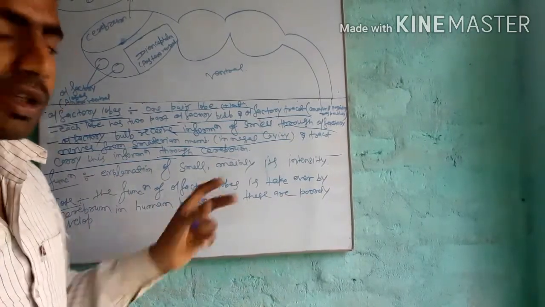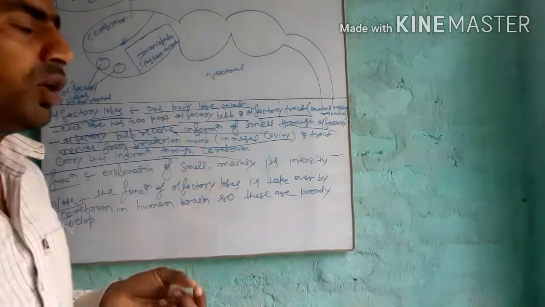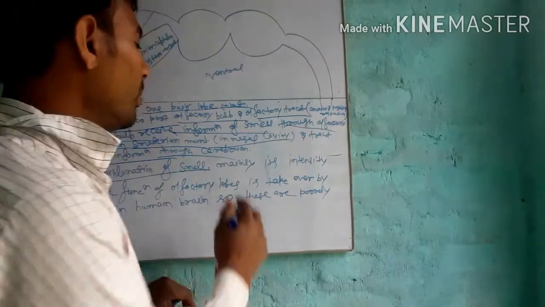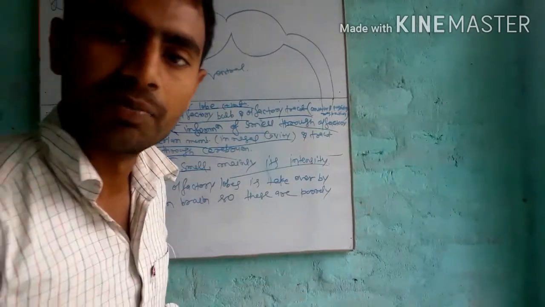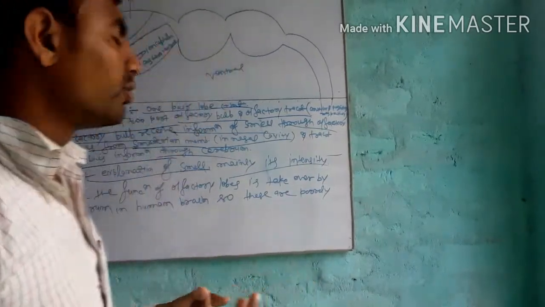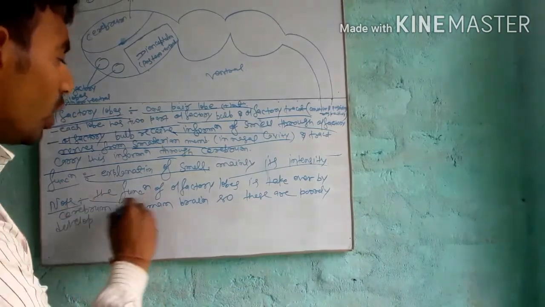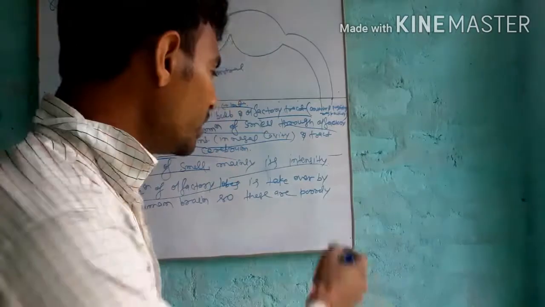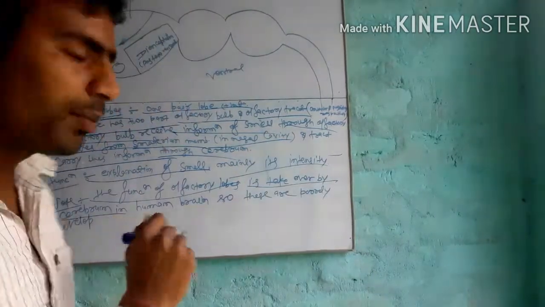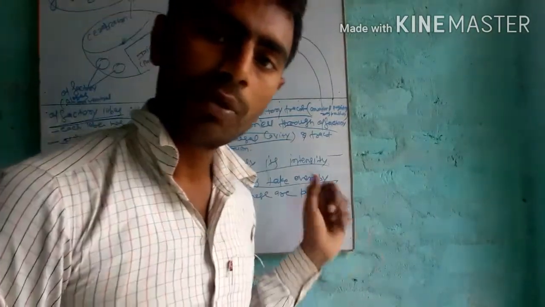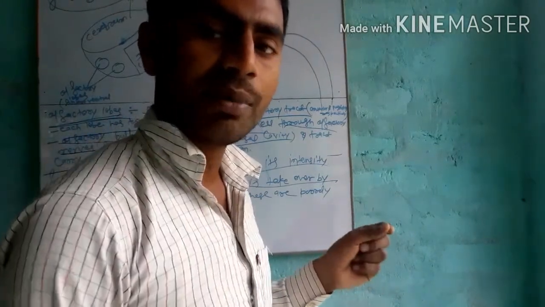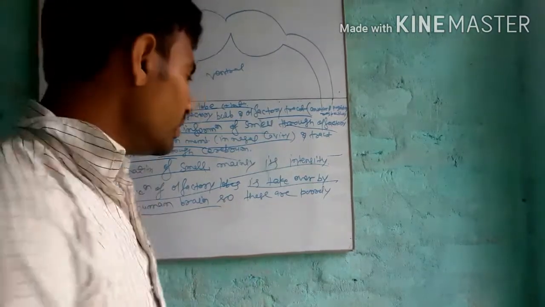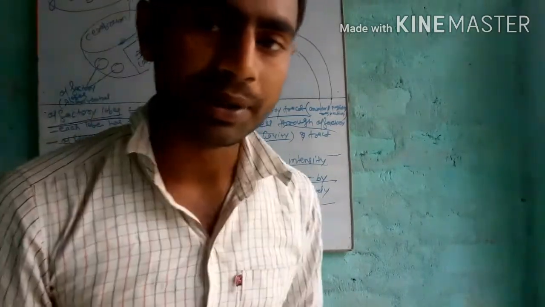What is the function of the olfactory lobe? The function of the olfactory lobe is the interpretation of a smell, mainly its intensity. Note that the function of the olfactory lobe is taken over by the cerebrum in the human brain, so these lobes are poorly developed.